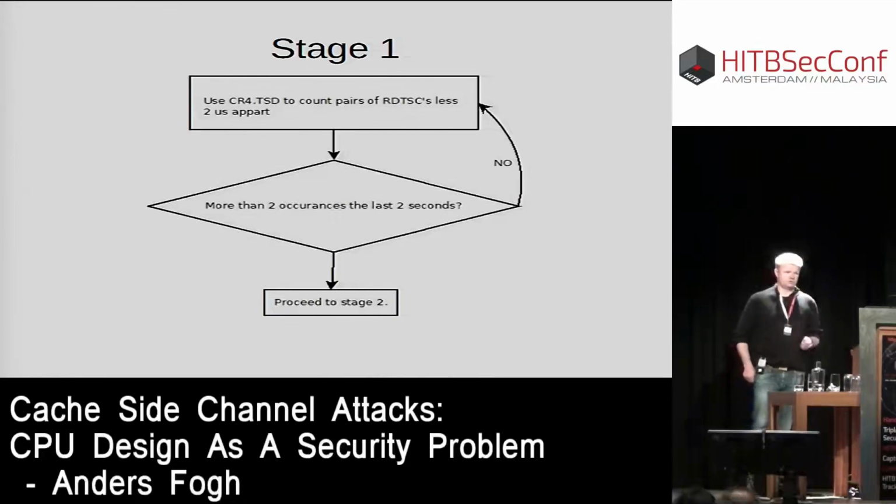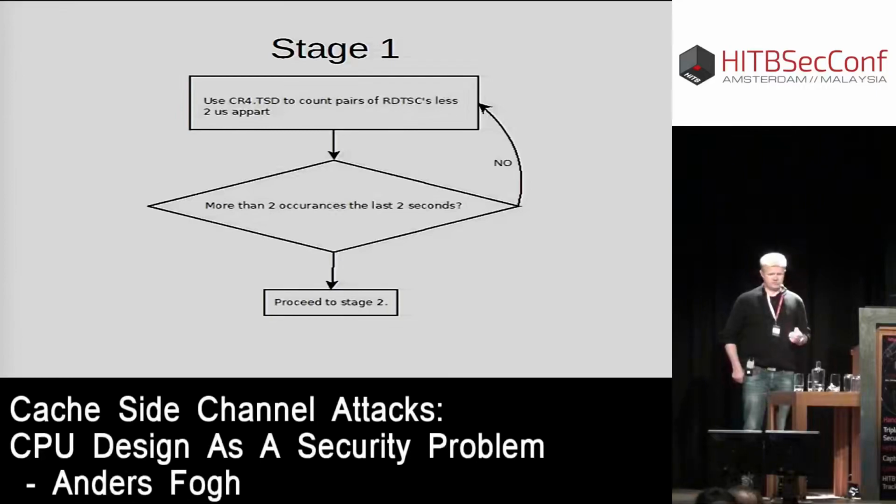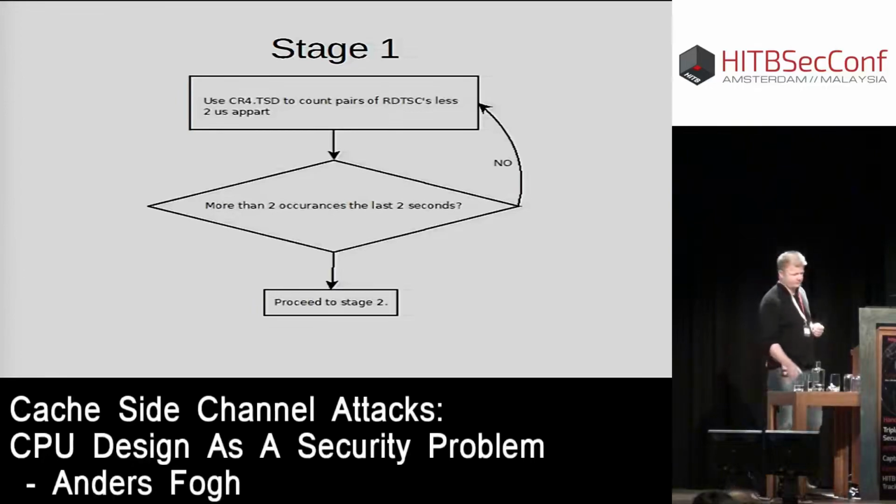If we get more than 2 occurrences of that in 2 seconds, we should proceed to stage 2, which is detecting the CLFLUSH instruction. If we do not, we just do it again to make sure that nobody is starting a new CLFLUSH attack.